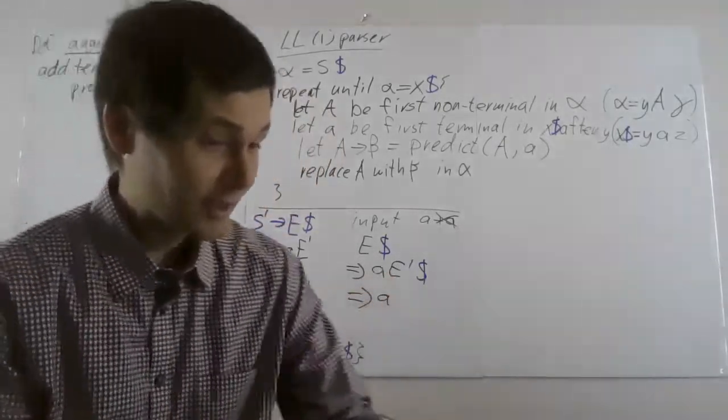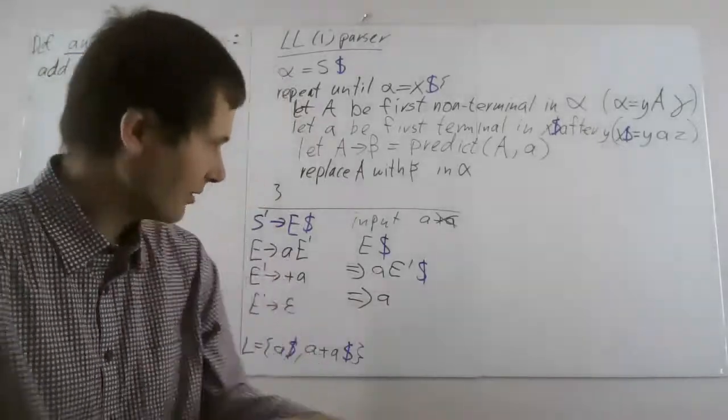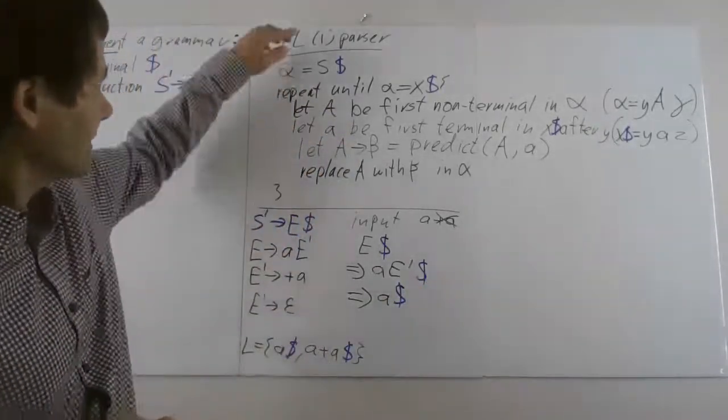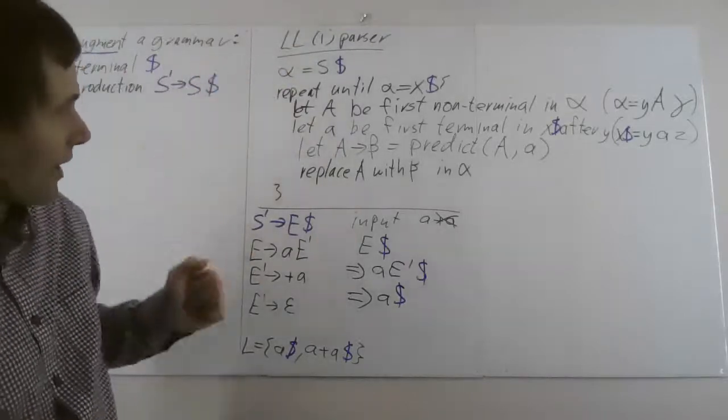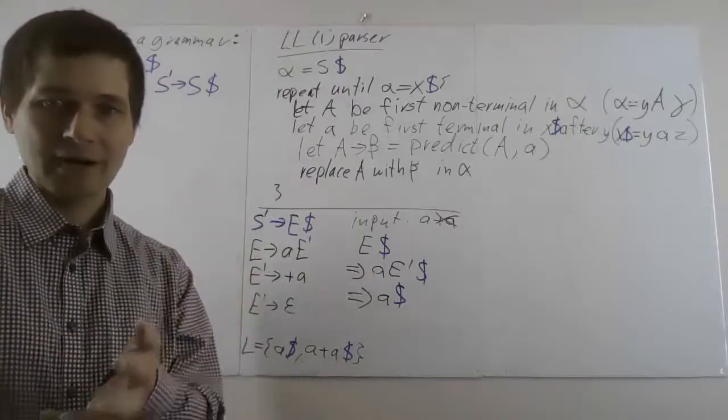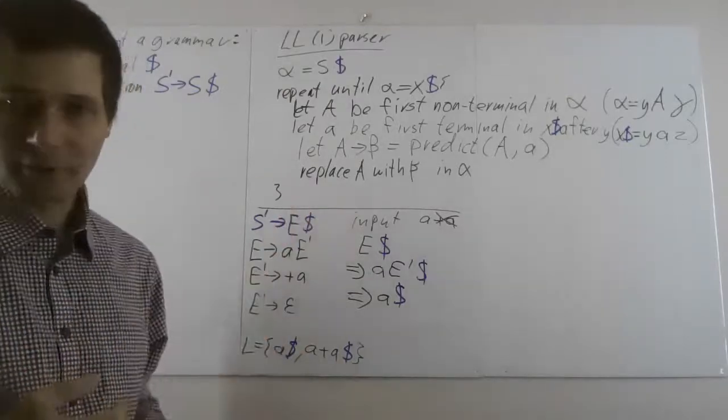If I turn the E prime into nothing, then I'll have just a $. This loop is trying to find a derivation of a $, and it's found it. So I succeed, and I'm happy with the parse.